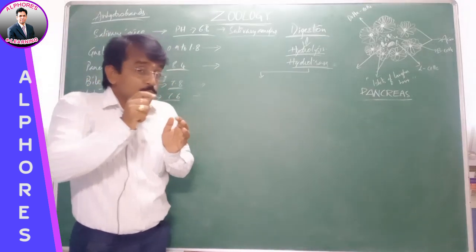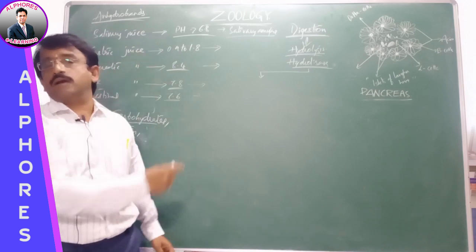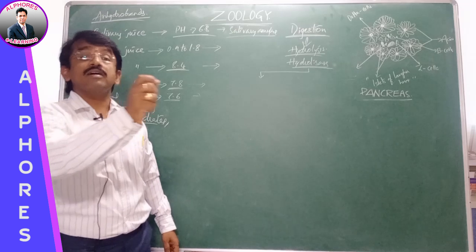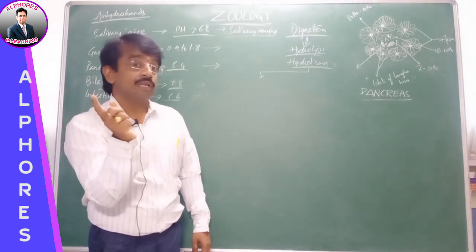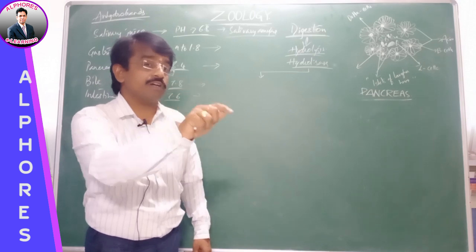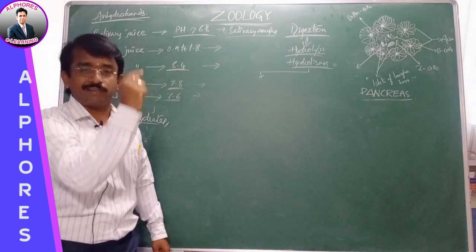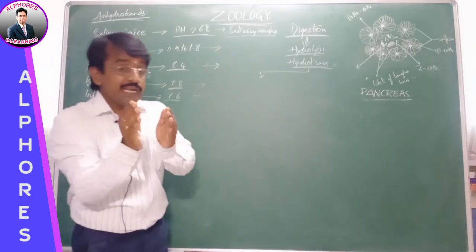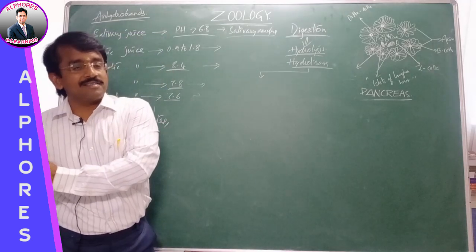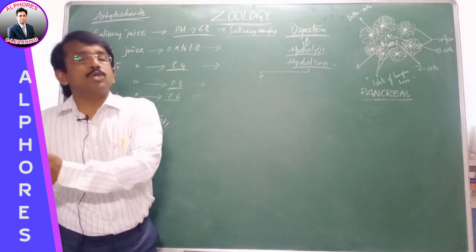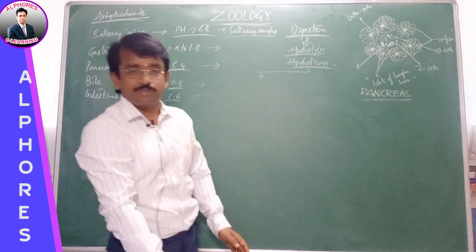Maltase, sucrase and lactase act upon these; they are the disaccharidases. The enzymes acting upon the disaccharides are the disaccharidases, and they convert the disaccharides into monosaccharides, the simple sugars glucose, fructose and galactose.